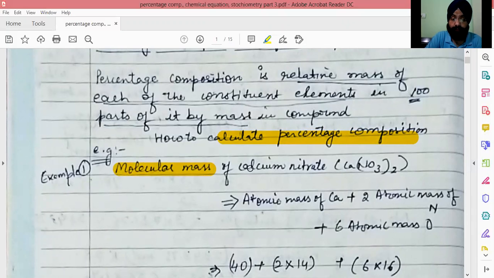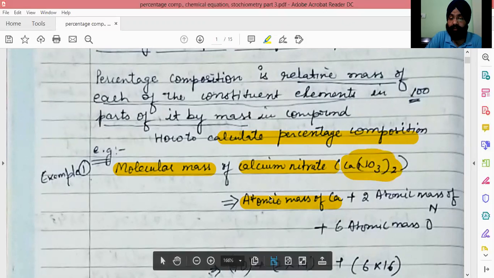Here, I take the example of calcium nitrate. To find the molecular mass, we add the atomic masses of all the atoms of all elements present in the formula.